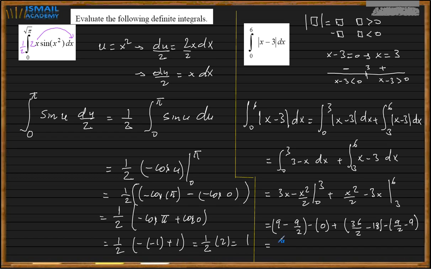This is 18 minus 18, which is 0, and I have 9 minus 9 over 2 minus 9 over 2 plus 9. So minus 9 halves and minus 9 halves, when you add, it's going to be minus 9. So this will cancel out. What's left is just 9. And this will be my final answer for that integral.